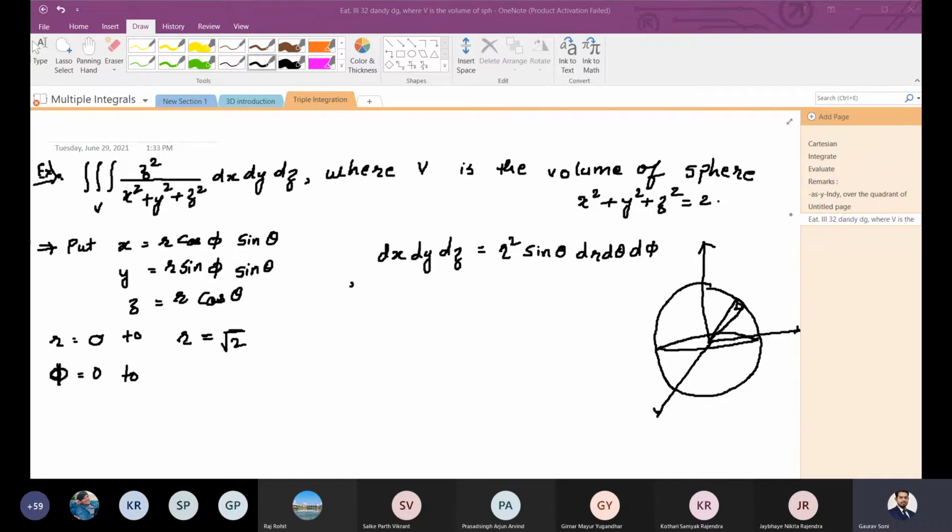Let's first understand what phi is, and then we'll think of the limits later. If you understand the meaning, then it will be very easy to identify the limit. If you don't understand the significance of phi, then it will be very difficult.